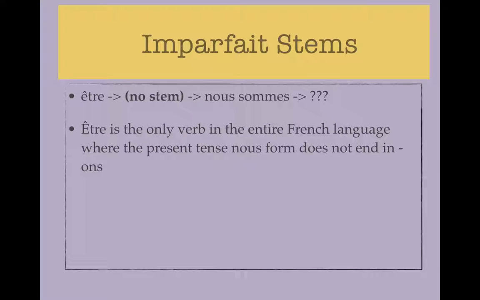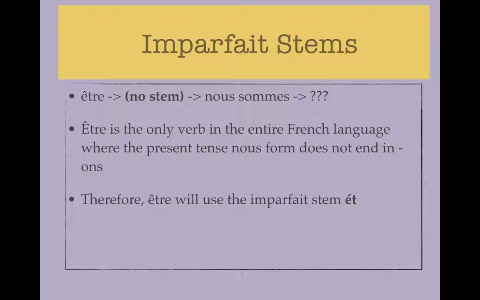That's because être is the only verb in the entire French language where the present tense nous form does not end in ONS. Every single other verb, even the irregulars, all of them have ONS. Previously we saw nous avons, nous allons, nous faisons. Every single one of them has ONS except for nous sommes.